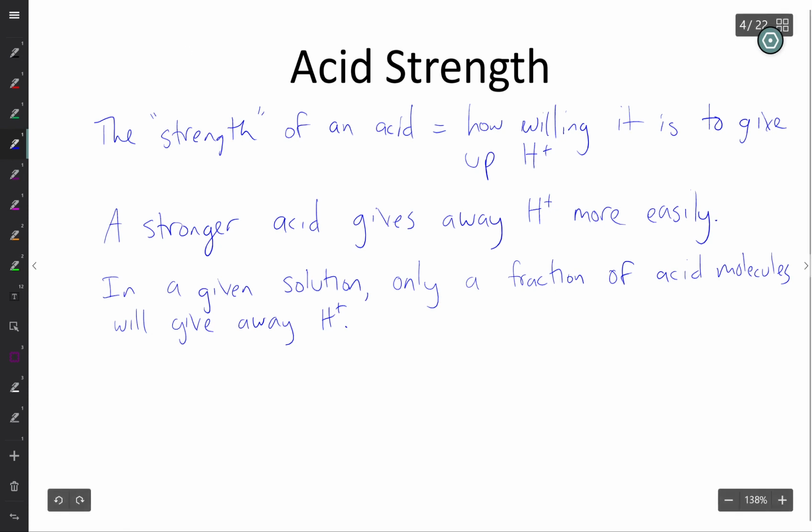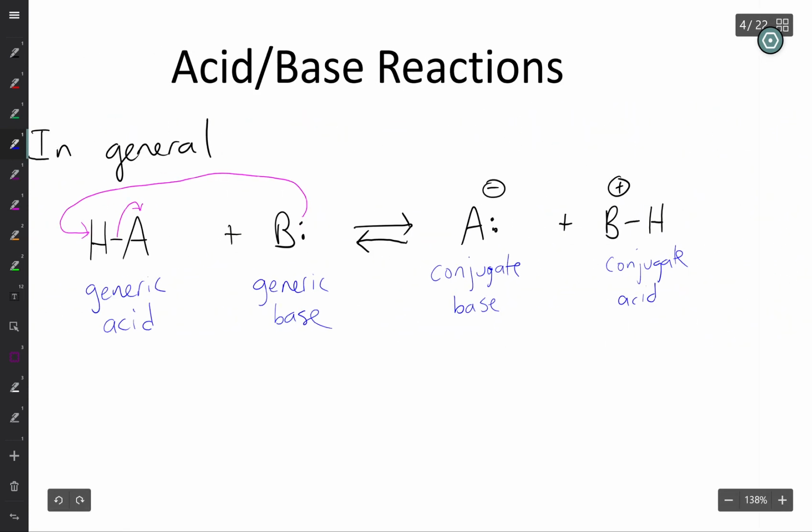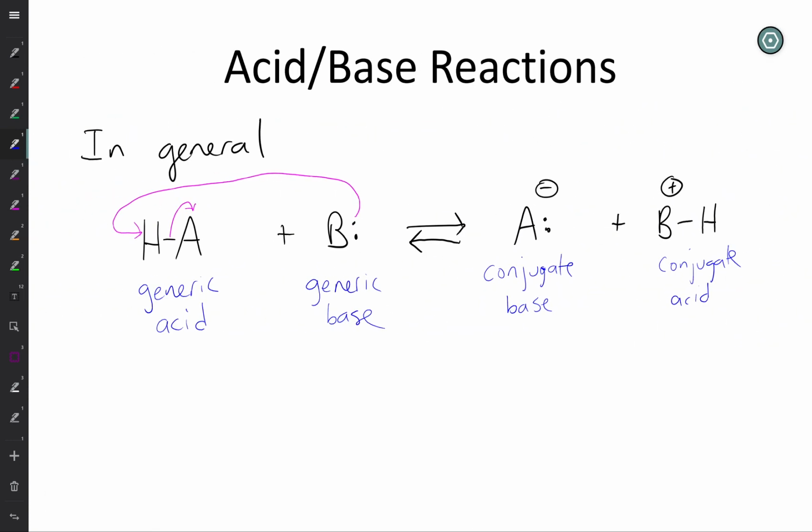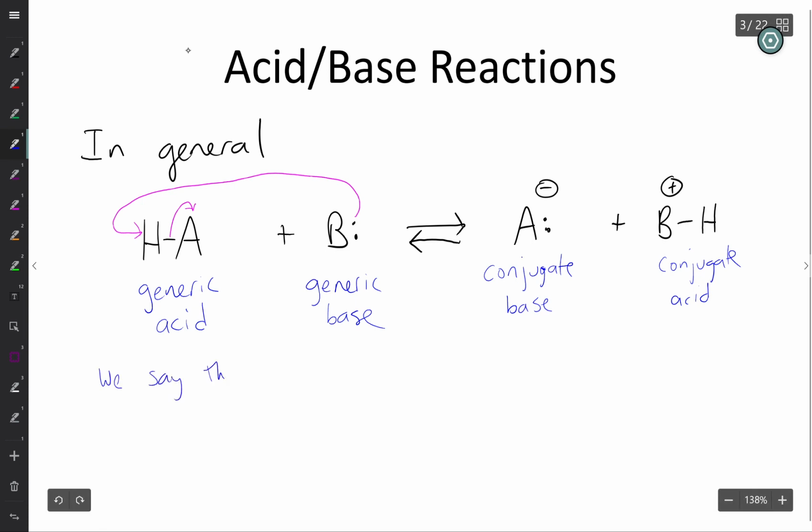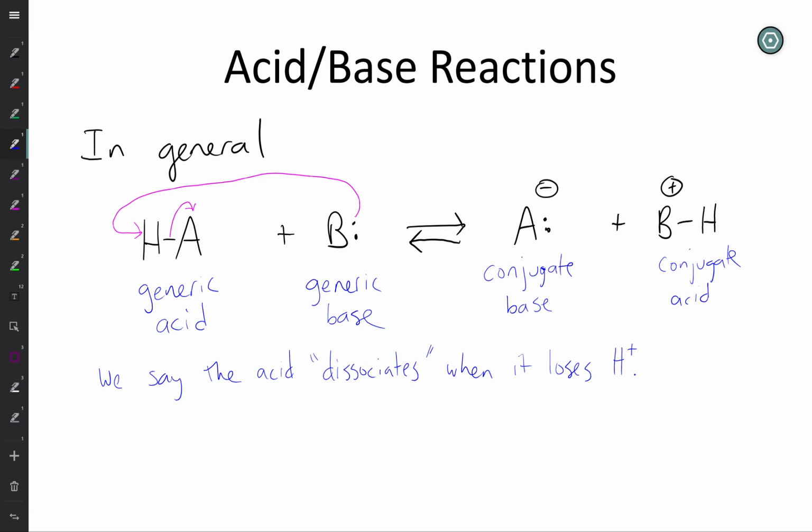And the word we use for that is dissociate. So when we say the acid gives up H plus, we say it dissociates because the H plus and the A minus are separating. So that word is dissociation. So for a stronger acid, a greater percentage of the molecules will dissociate.